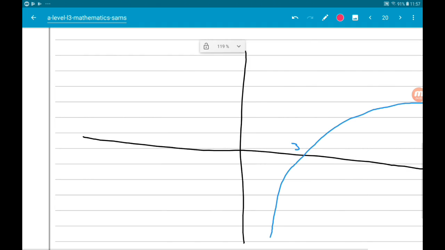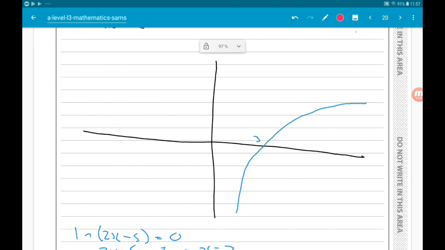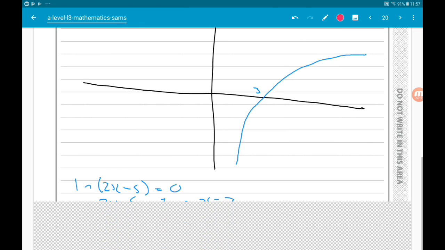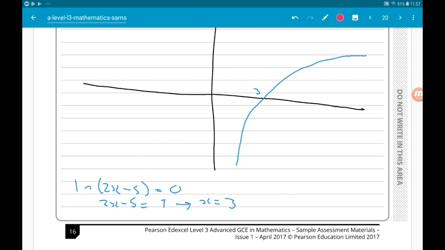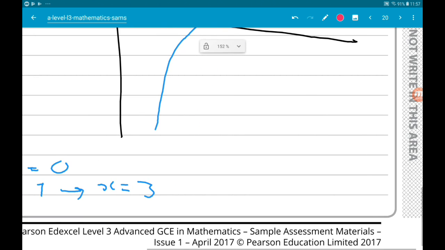Okay, then we need to think about the x-intercepts of 30 minus 2x squared. We know that's going to be an unhappy quadratic because it has a negative x squared term.